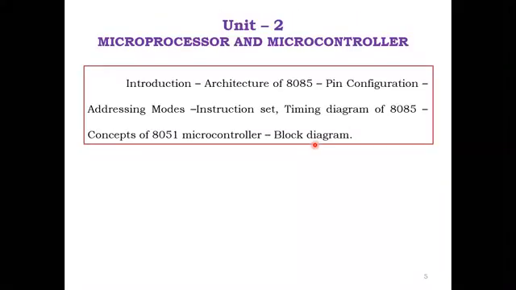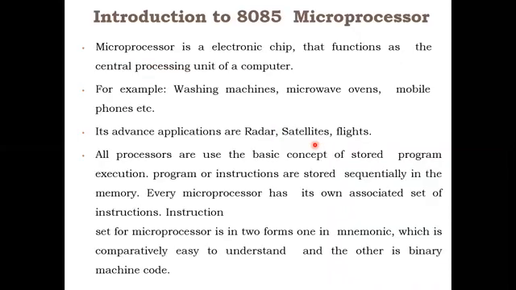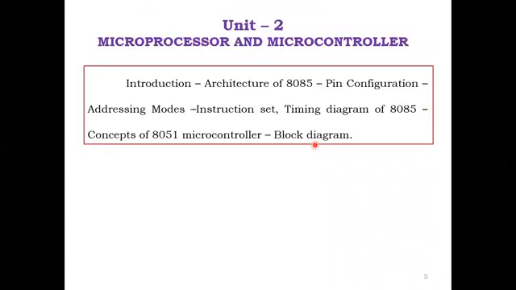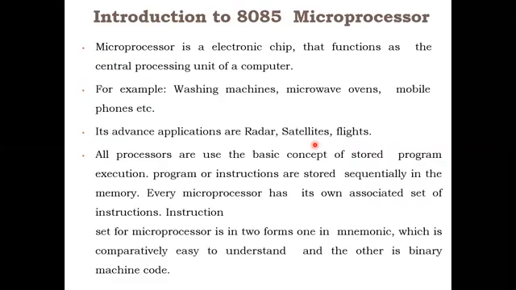Till now in unit 2 we discussed the architecture of 8085, pin diagram and addressing modes of 8085. Today we are going to see the instruction set of 8085, the types of instruction in this chapter.